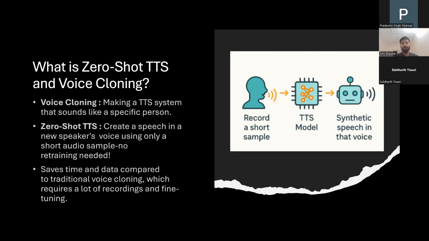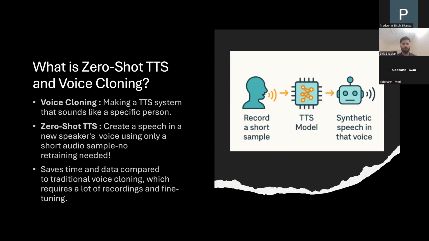And why does it even matter? Because it saves data compared to traditional voice cloning pipelines, and we don't need to create big pipelines. We just need to give a short sample, and it can even work for speakers of low-resource languages and for individuals who lost their voices, and we can generate their highly prosodic rich voice as an output.